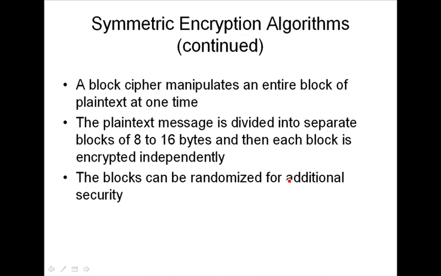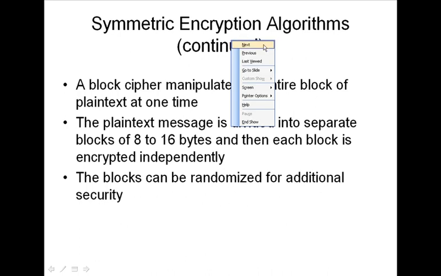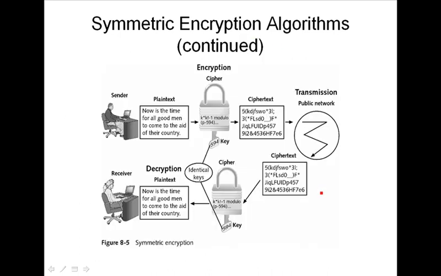Furthermore, the blocks can be randomized. Again, there's some pretty serious mathematics behind these things, and I'm going to spare you the gory details. You just need to know the major types, the major brands or names, I guess would be a better way of putting it, key lengths and things like that.